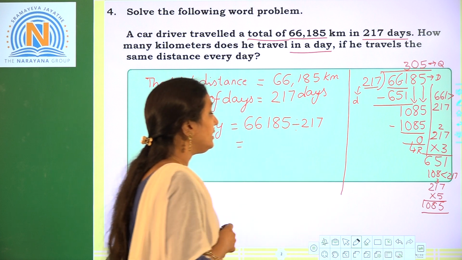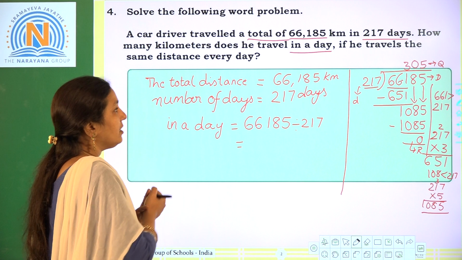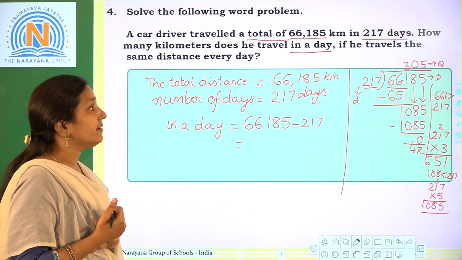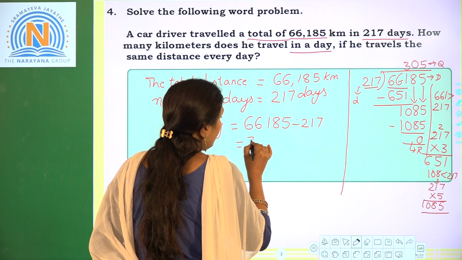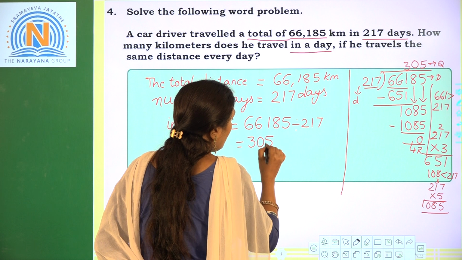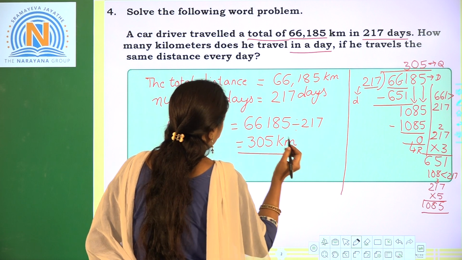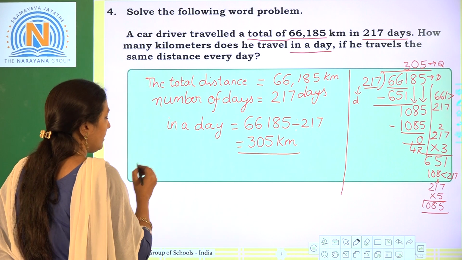Now how much distance did he cover? 305 kilometers. Means he covered 305 kilometers in a day. So what did you get in the last one?